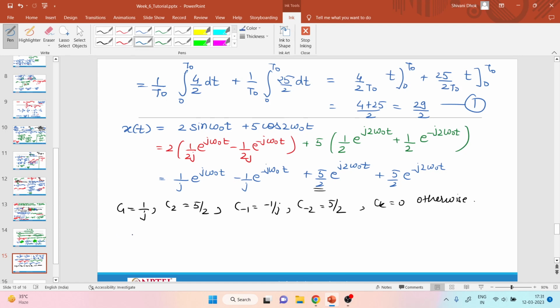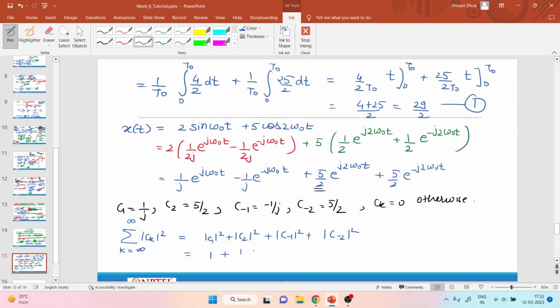So now let us consider this, that is summation k running from minus infinity to infinity of mod of ck square. So basically it is mod c1 square plus mod c2 square plus mod c of minus 1 square plus mod of c of minus 2 square. So this is equal to 1, that is 1 by j, absolute value is 1.